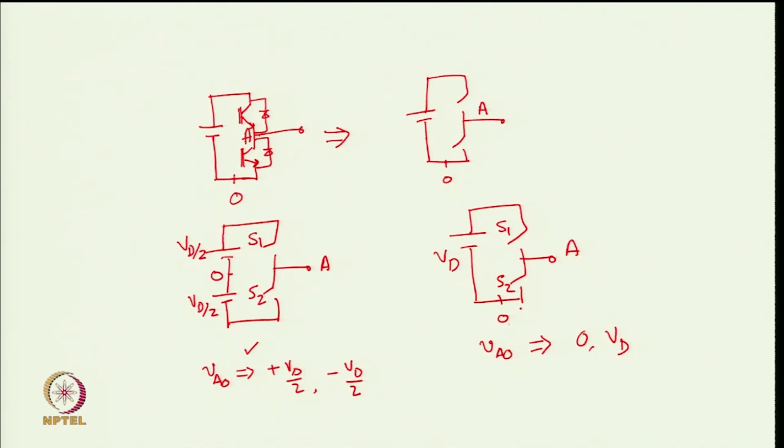So, we see that if we use this circuit, then there is always a DC in the VAO voltage produced, because it is always oscillating between 0 and VD, whereas in this circuit we always oscillate between plus VD by 2 and minus VD by 2. These two circuits are equivalent, the only difference is that in this circuit there is always a DC offset in the VAO waveform.